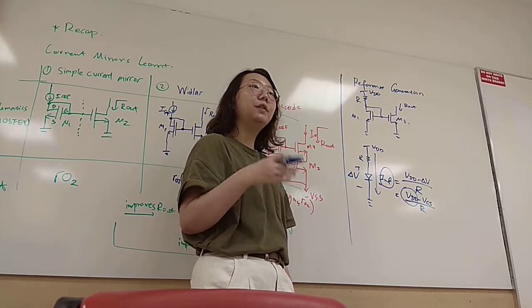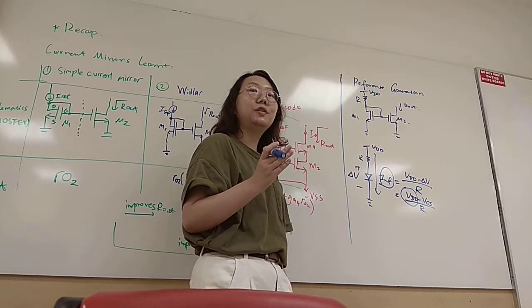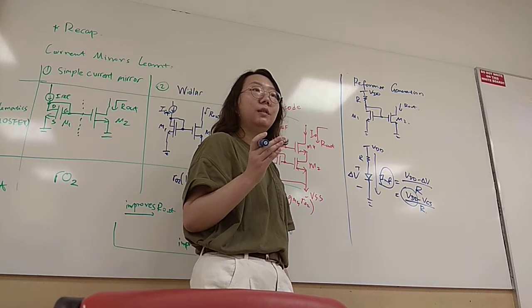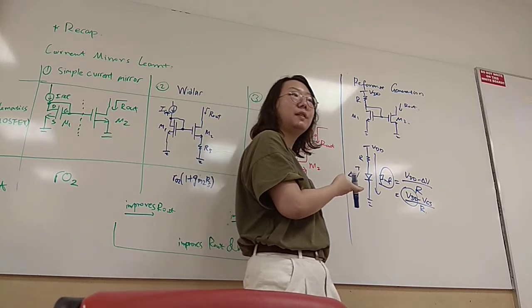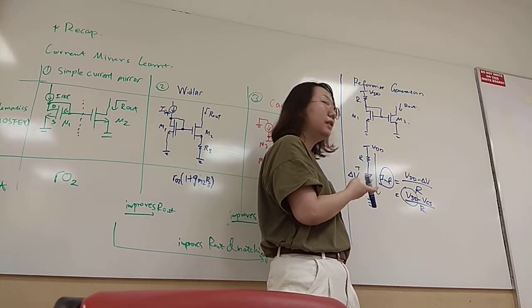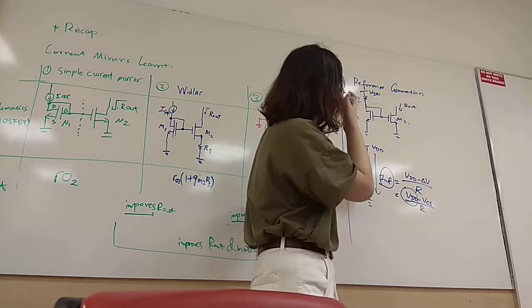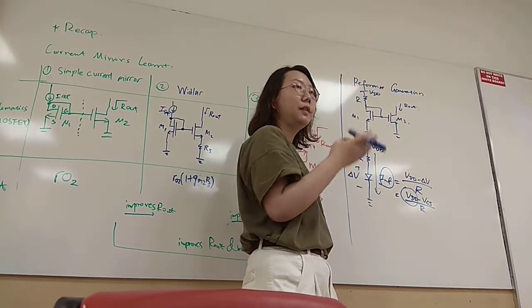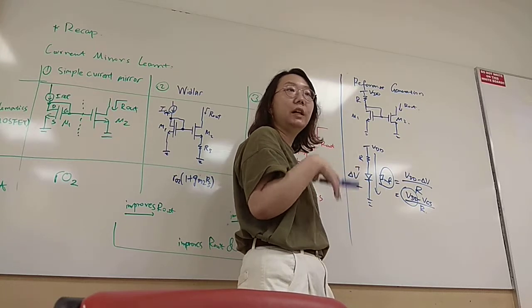Your IREF will follow your VDD. So your IREF will change, which is undesirable because we want this IREF to be stable, right? Okay, so using a resistor as the reference generator is not a good idea.